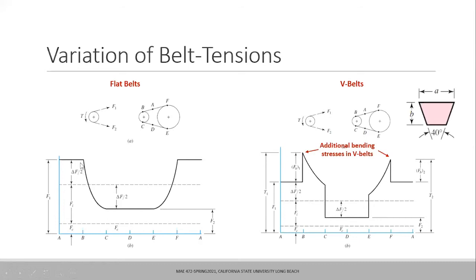Going from the loose side to the tighter side, the tension continuously increases until it reaches point B, where the belt loses contact, and thereafter there is no way it will keep increasing. That is why you have this continuous curve here: the forces increase and then remain stationary.